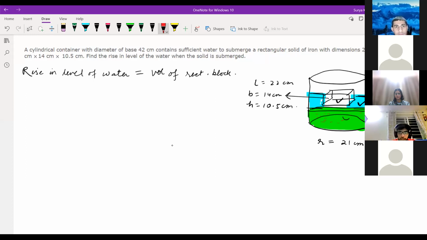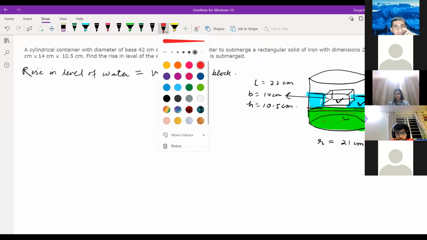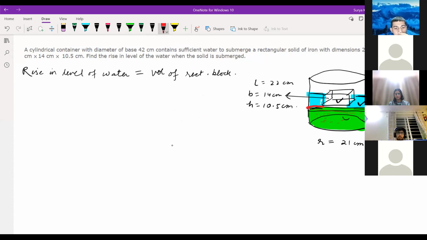But we have a lot of work you have done for this, I think. See, you have done rise of water like a cylinder. Try to understand, this is a cylinder of this shape. Suppose the cylindrical shape is still here only, and it increases from here till here. Suppose I'm using pi r square h for this.